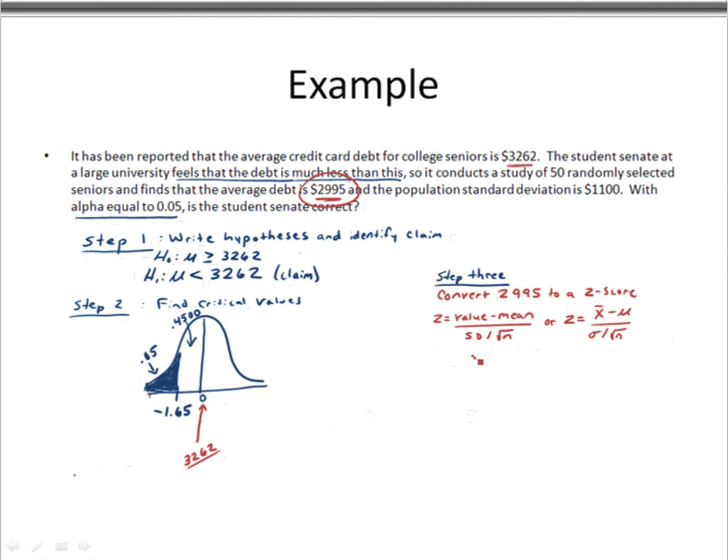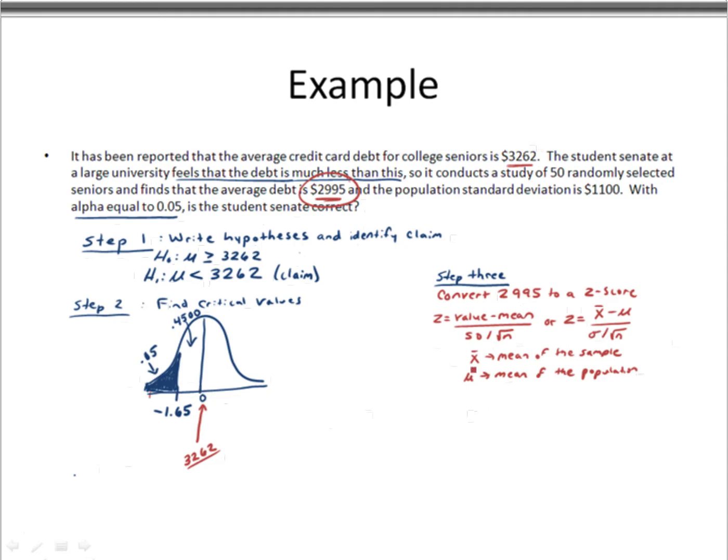Okay, now let's just go through those symbols and be sure that we know what everything is. The X bar, remember, is the mean of the sample. This mu is the mean of the population. Okay, so that's your 29.95 and your 32.62. Those are your two averages.